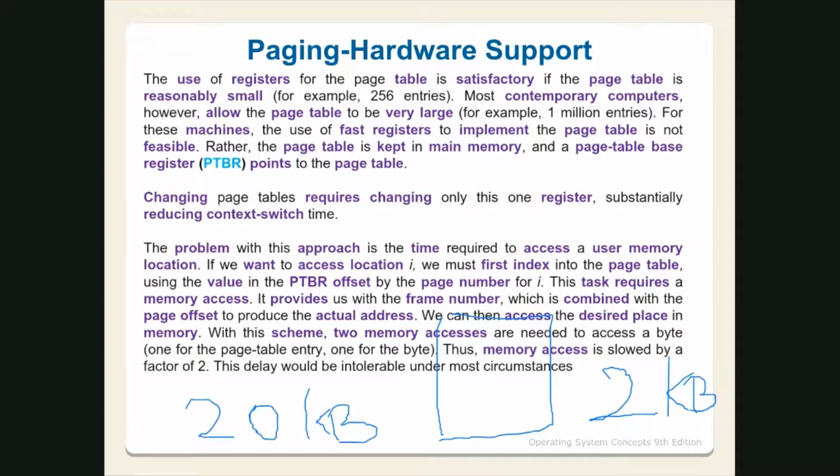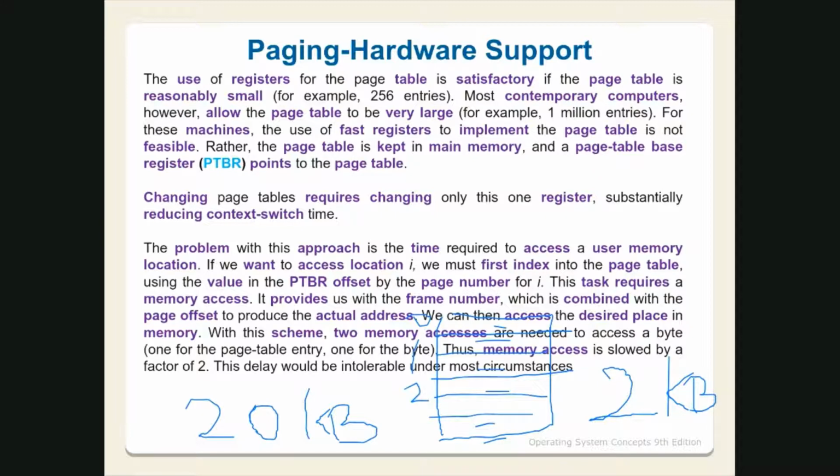The process is 20 KB and each page is 2 KB, so I need 10 pages. Your page table will contain 10 entries. The index will start from 0, 1, 2, 3, etc., and the process is divided into pages, and this is your page table entry.